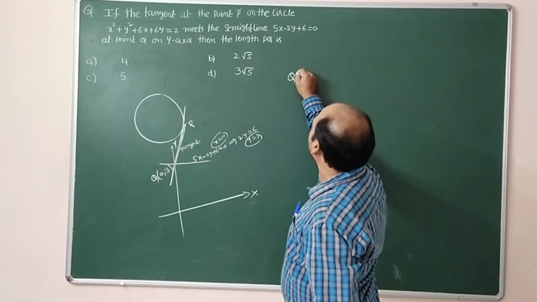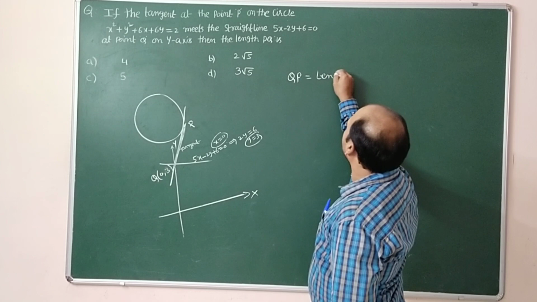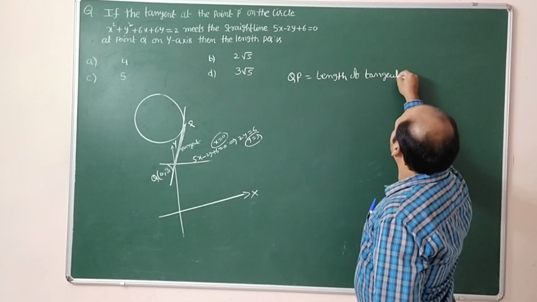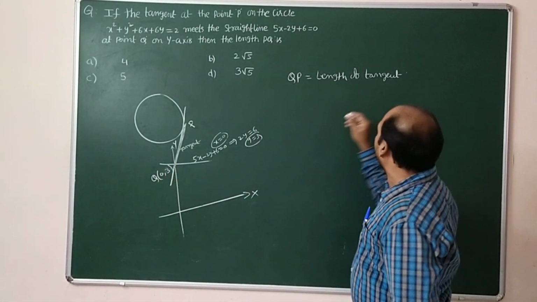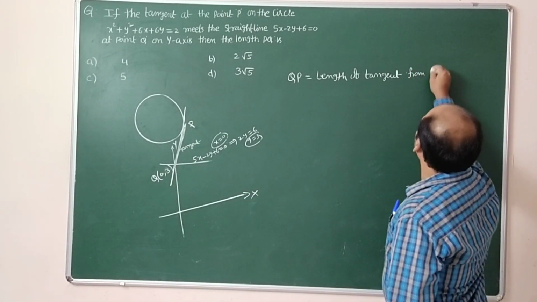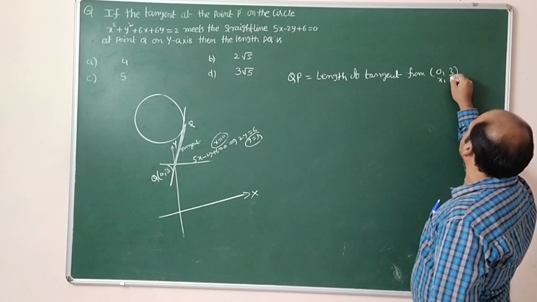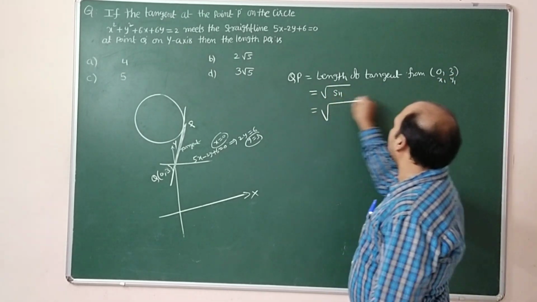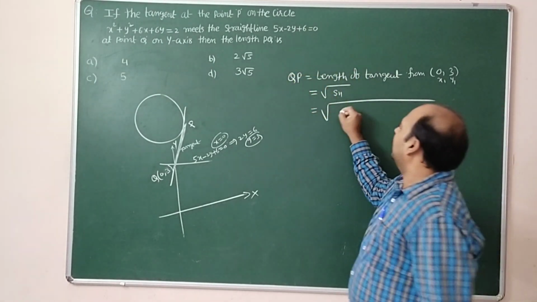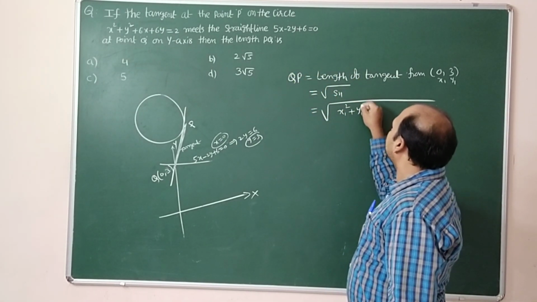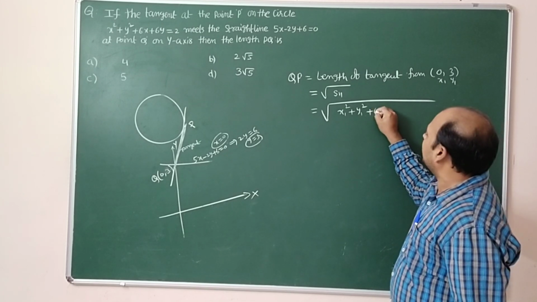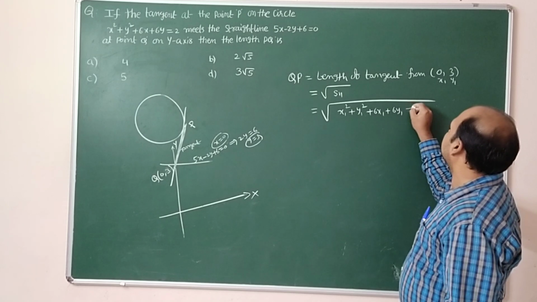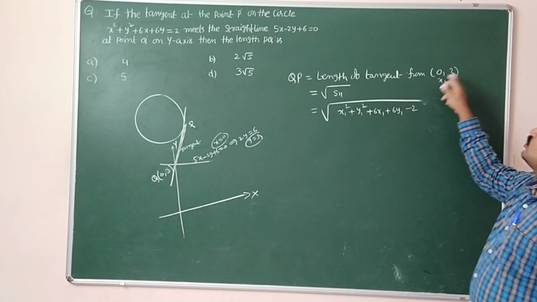QP length is equal to the length of tangent only. Length of tangent from 0 comma 3. This you can take as x1 y1. Length of tangent formula is root S11, that is root over S11 of the given circle: x1 square plus y1 square plus 6x1 plus 6y1 minus 2. Wherever x1 y1 is there, replace 0 comma 3.